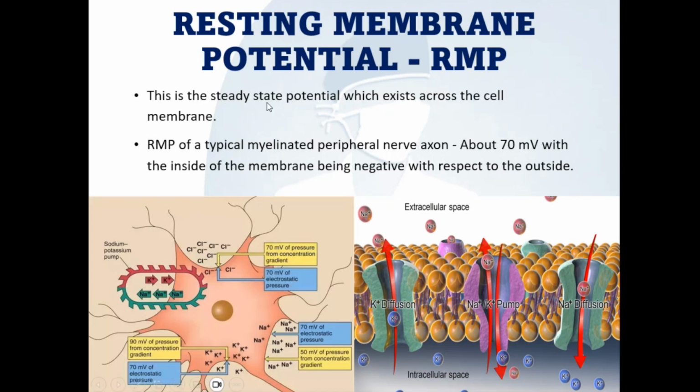This is the steady state potential which exists across the cell membrane. The resting membrane potential of a myelinated peripheral nerve axon, this is for skeletal, is about 70 millivolt, with the inside of the membrane being negative with respect to the outside. So negative 70 inside compared to the outside.